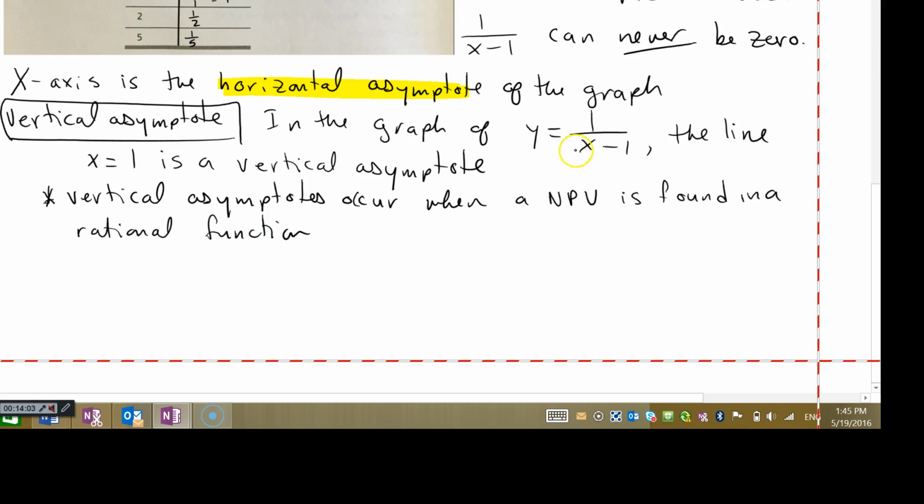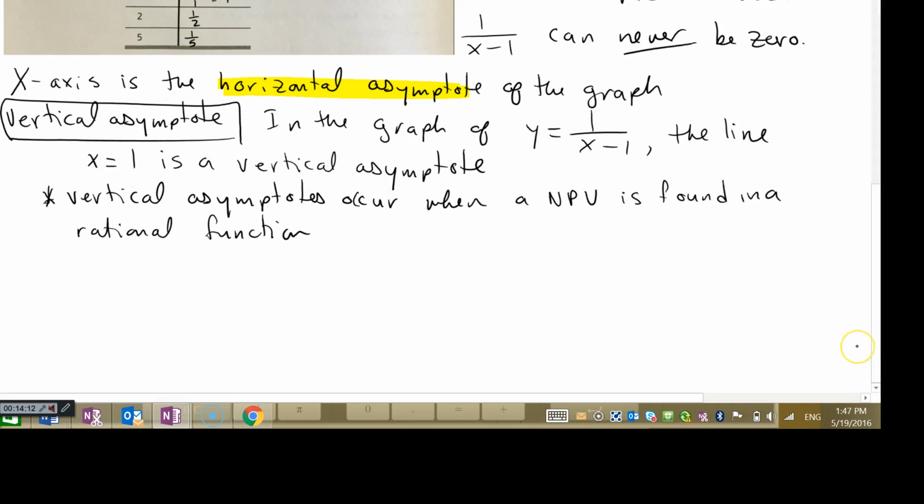So for example, the non-permissible value for y equals 1 over x minus 1: x cannot equal 1, so at x equals 1, there is a vertical asymptote. But you don't have to take my word for it here.